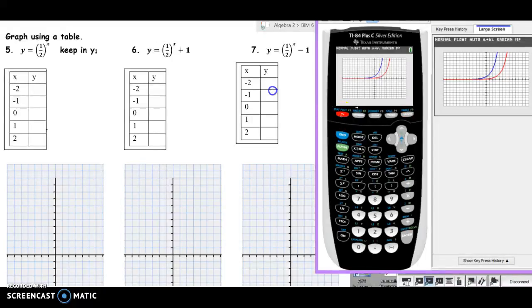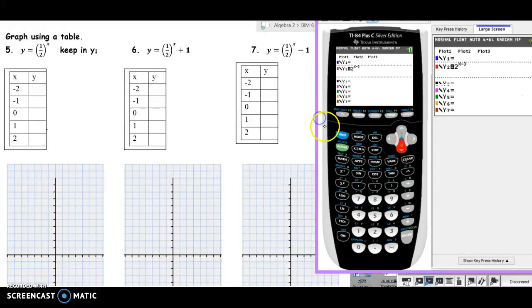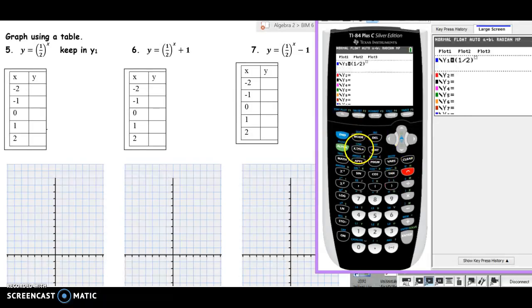In your graphing calculator, clear out these two equations. Now we're going to put in 1/2 to the x, and let's go ahead and put number 6 in the red one, 1/2 to the x plus 1. For 1/2, I would suggest you do parentheses, 1 divided by 2, close your parentheses, raised to the x.